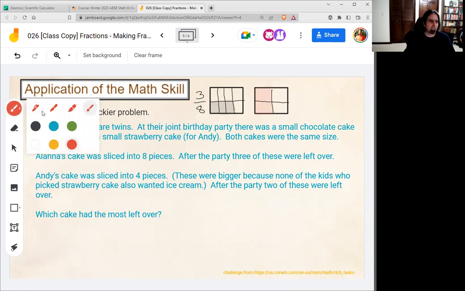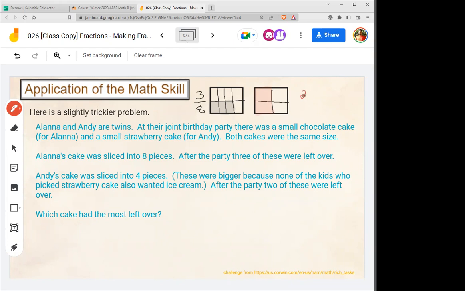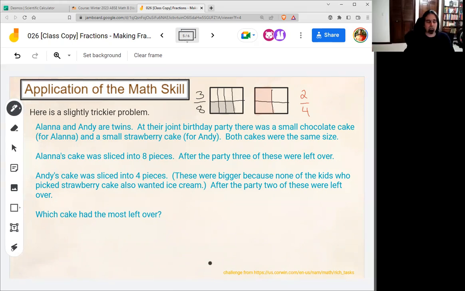So which cake had the most left over? How do we write the second red fraction, by the way? 2/4. Which one is bigger?